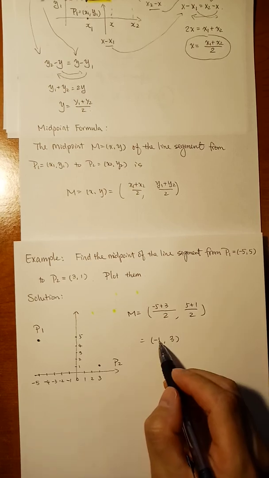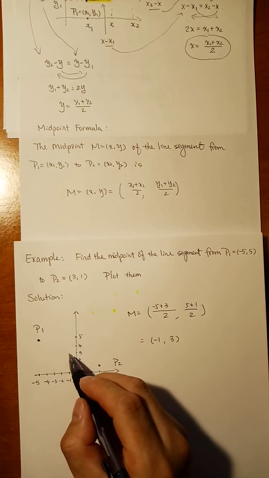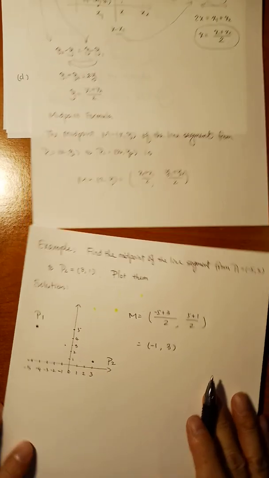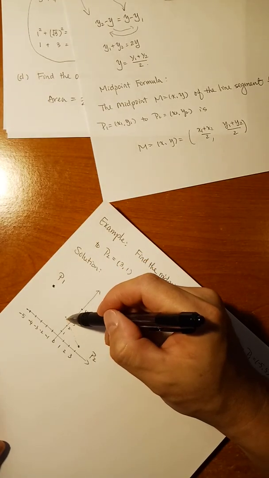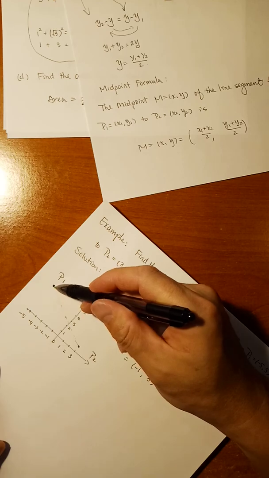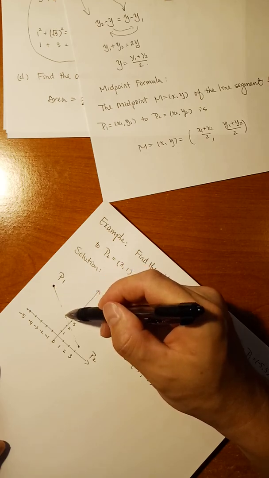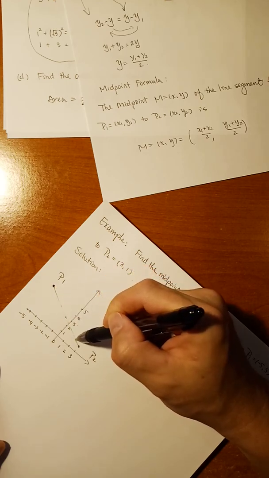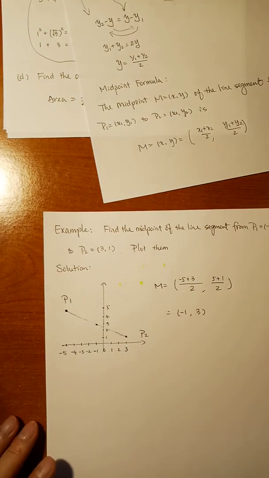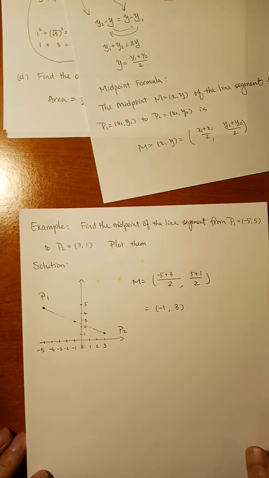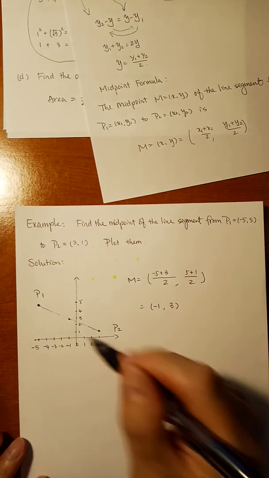And plot it here. You can see that it really makes sense, right? If you connect them, by my sketching, it's reasonable. This is midpoint M.